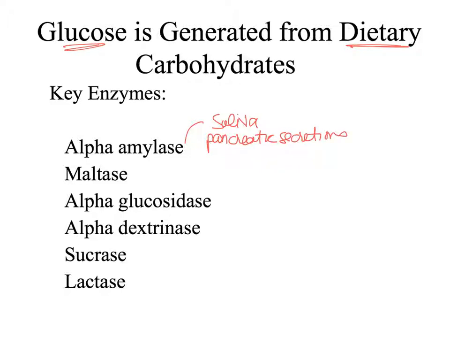So these alpha amylases are going to help cleave the alpha 1,4 bonds of starch and glycogen. When this occurs, we're going to end up producing maltose and maltotriose.